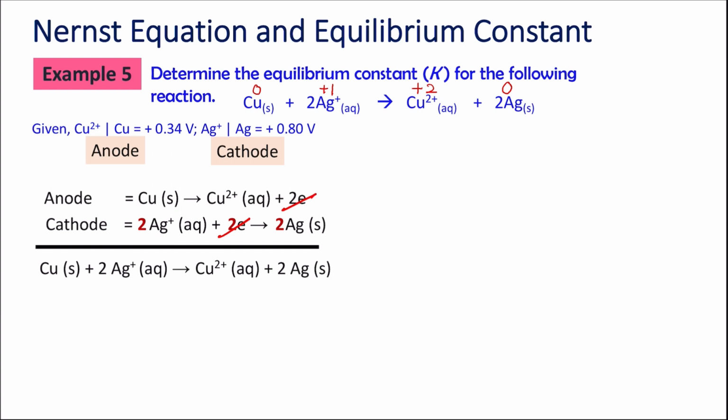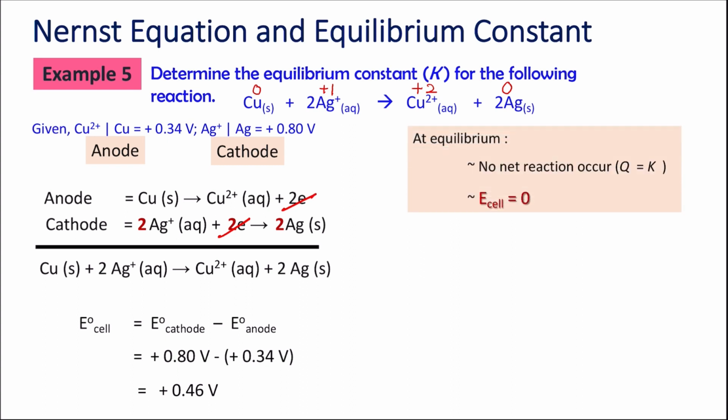And then, saya nak tentukan E naught cell value. Daripada SRP value, keep it as it is, masukkan E naught cathode dan E naught anode, minus, awak akan dapat positive 0.46 volt. Okay, sekarang kita nak cari equilibrium constant daripada Nernst equation. Apa yang kita dah belajar daripada slide sebelum ni, for Nernst equation, untuk reaction at equilibrium, E cell dia equals to 0. So, kita ada a new form, which is this one.